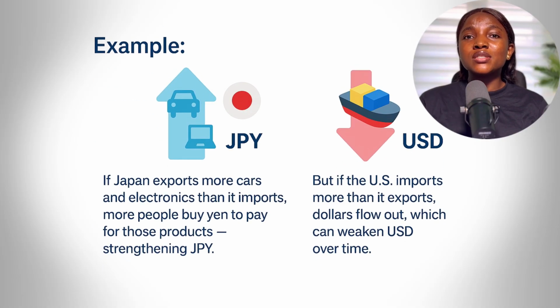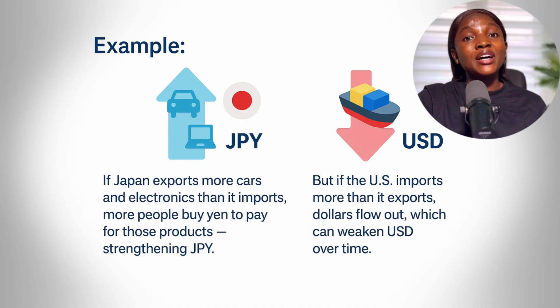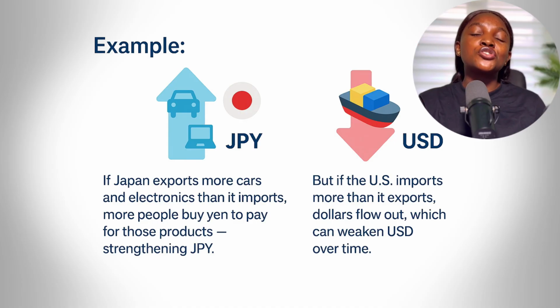So let's say, for example, if Japan exports more cars and electronics than it imports, it means that more people are buying the Japanese yen to be able to purchase these products, meaning that there's an increase in demand for yen and the country's currency, that's yen, is going to strengthen.